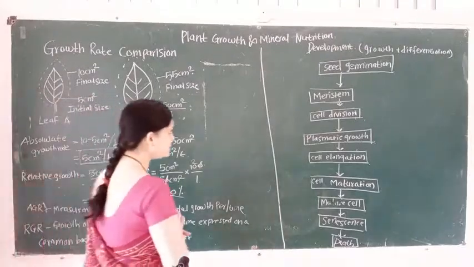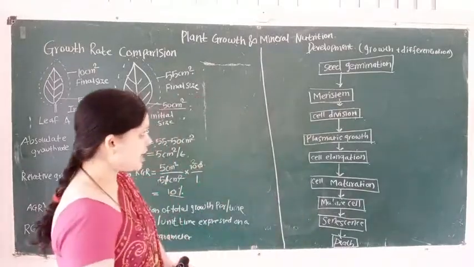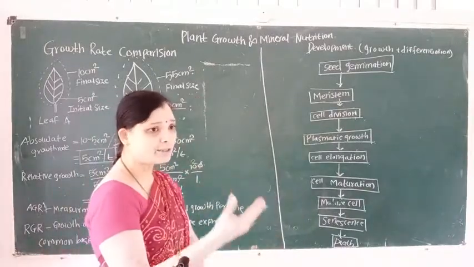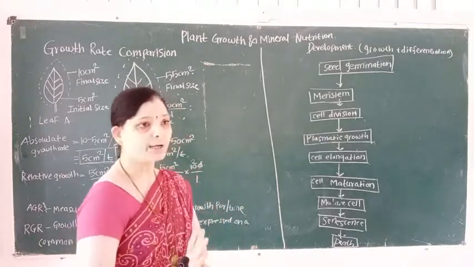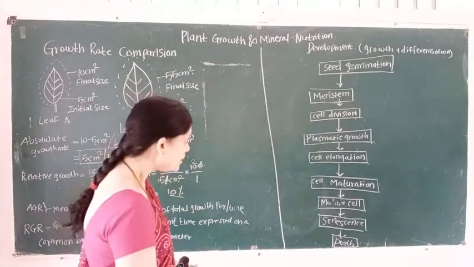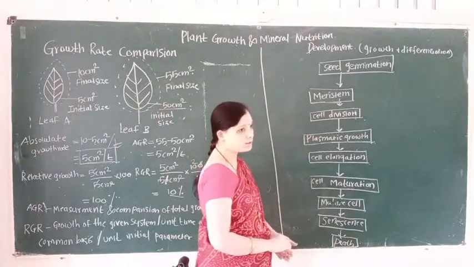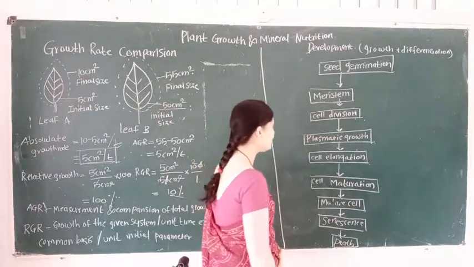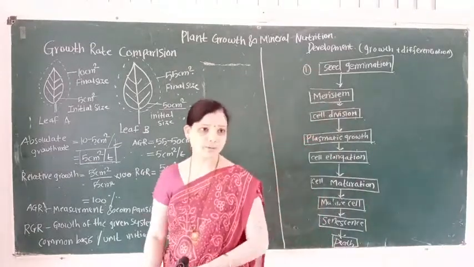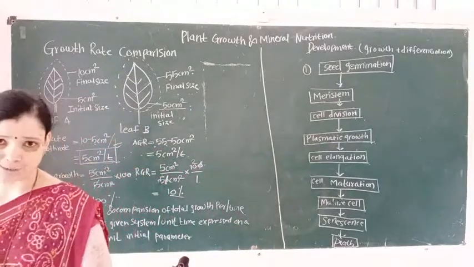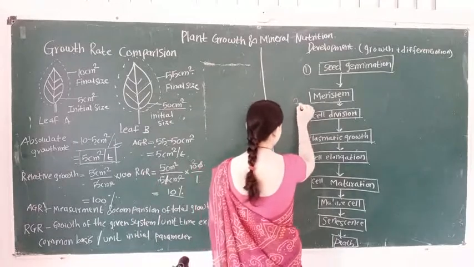So this flow chart indicates which steps or processes take place in development. The first step in development is known as seed germination. Second is the meristem.